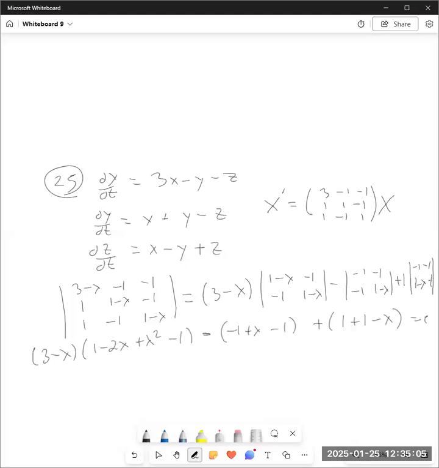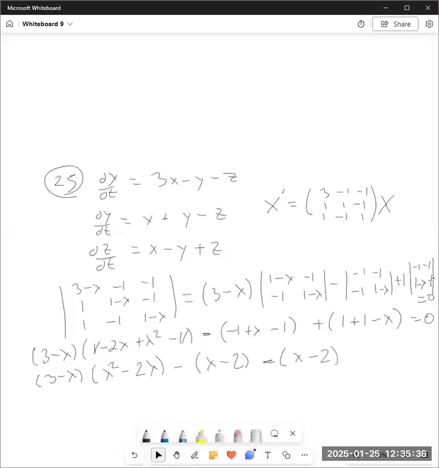This is all equal to 0. So this is 3 minus lambda times lambda squared minus 2 lambda, minus lambda minus 2, plus, let's pull that out as a minus lambda minus 2.